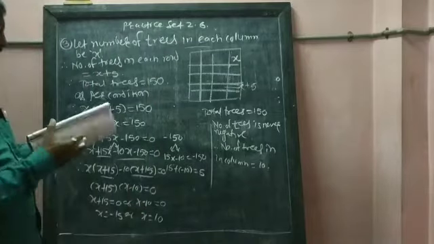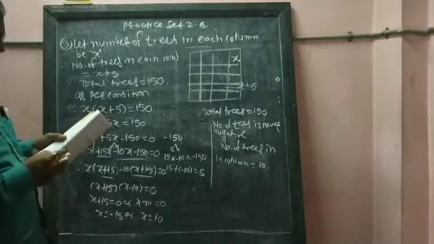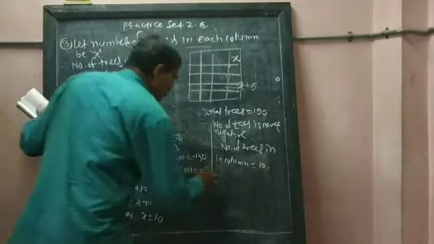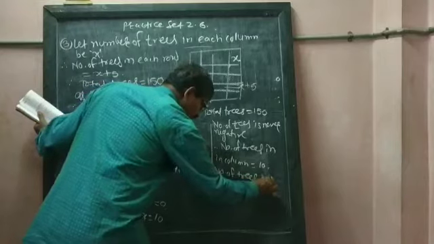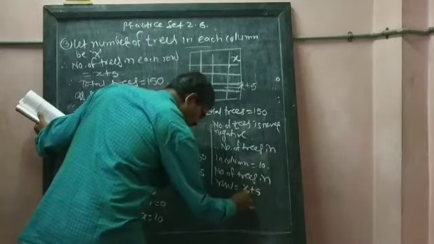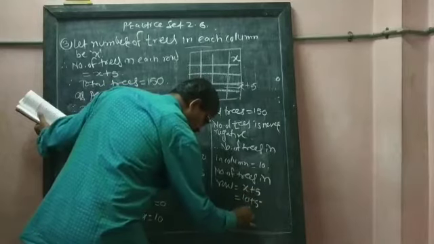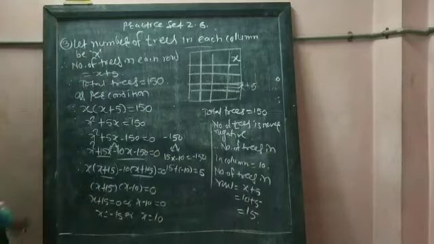And what is asked? Find the number of trees in rows also. So number of trees in a row is equal to x plus 5, which is 10 plus 5, equal to 15. Now, the number of trees is 150. By this way, question number 3 is completed.